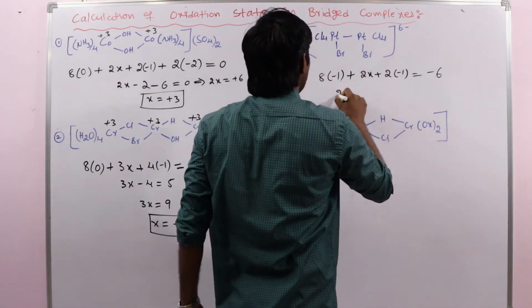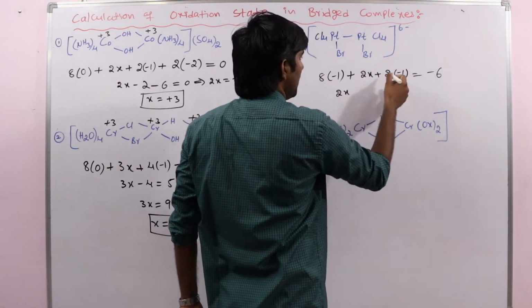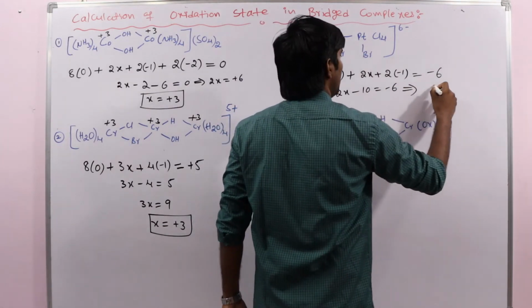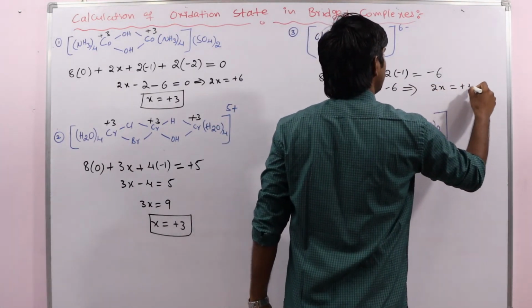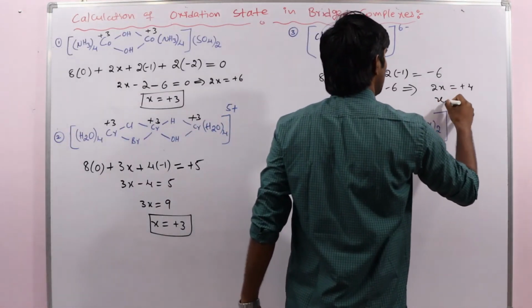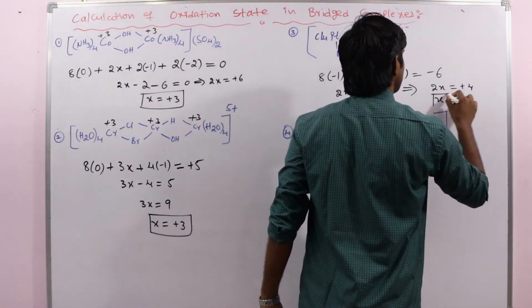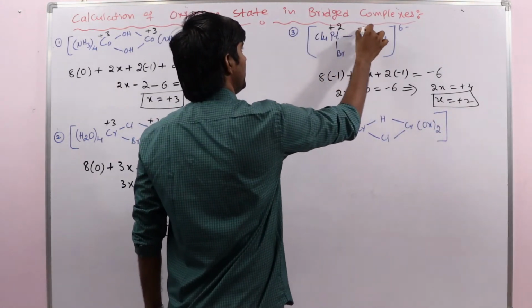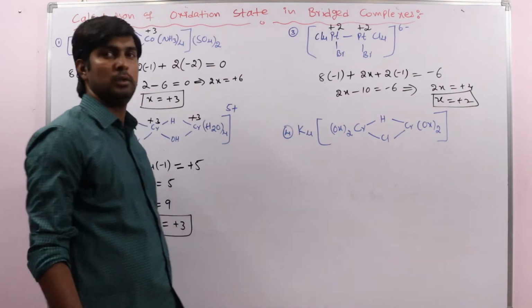So 2x minus 8 minus 2, minus 10, equals -6. That implies 2x equal to plus 4. If you take this 10 to this side it becomes plus 10. So x is equal to how much? Plus 2. So what is the oxidation state of the metal? Plus 2.